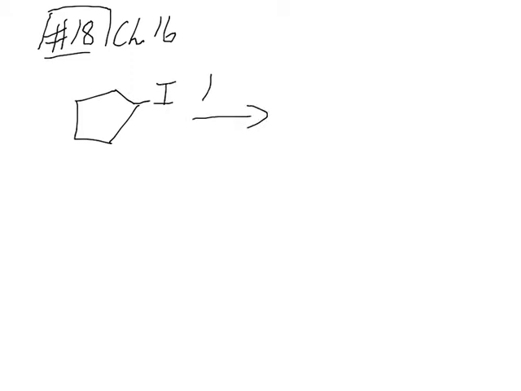All right, let's look at number 18 from chapter 16. So, there's one version of this. It said KCN, H plus, H2O, or H3O plus. First one should be really easy.